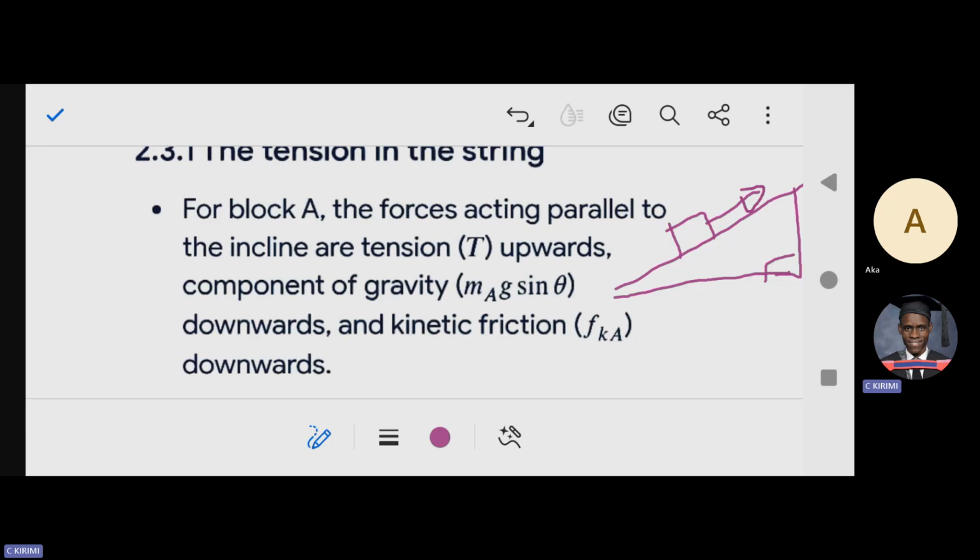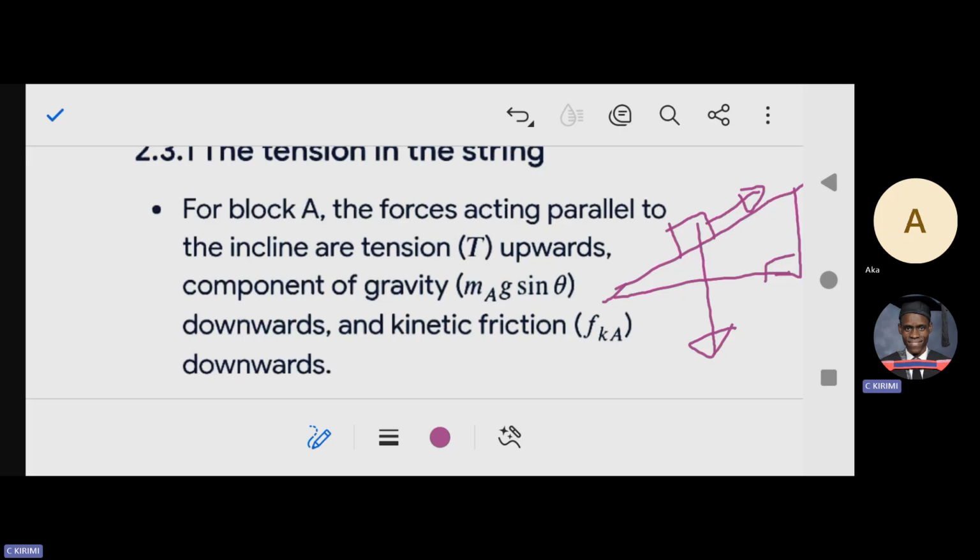And then the component here, which they are talking about. Remember, this is your gravitational what? Force. When you resolve that force, it becomes the hypotenuse, which means the one that is parallel to this force. Remember, when you are going up the incline, block A is going upwards.